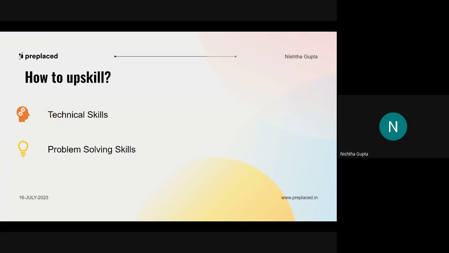So problem solving skills, as I mentioned earlier. The main role of a data scientist is to actually understand the business requirement, right? While you are understanding that, your main job is to convert that business requirement into a data science problem, right?